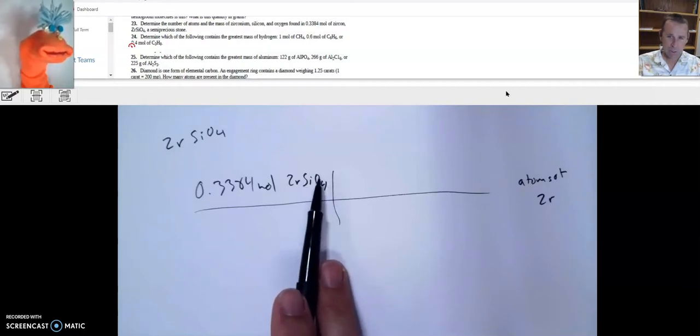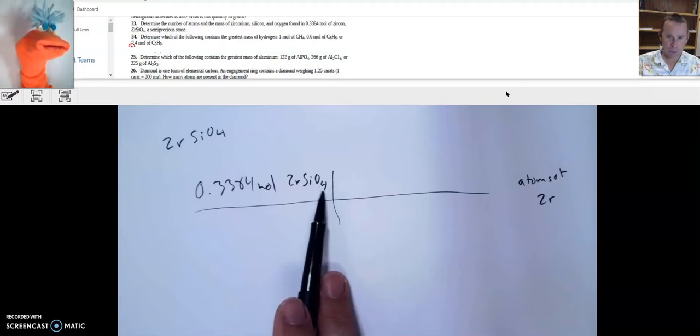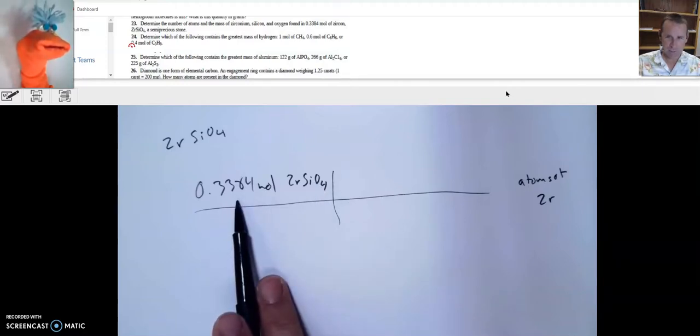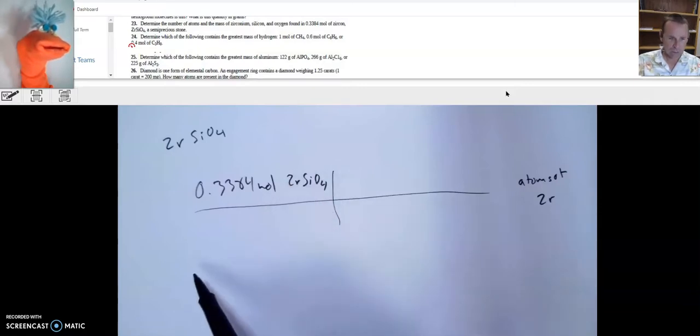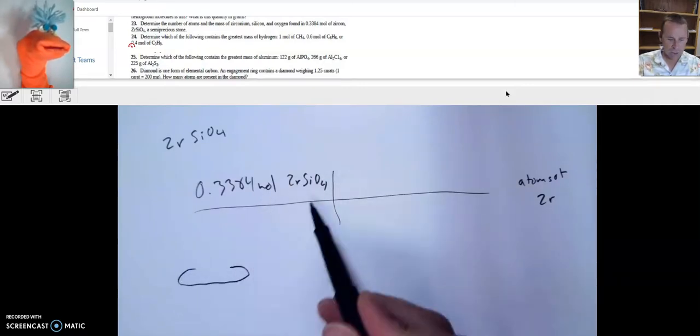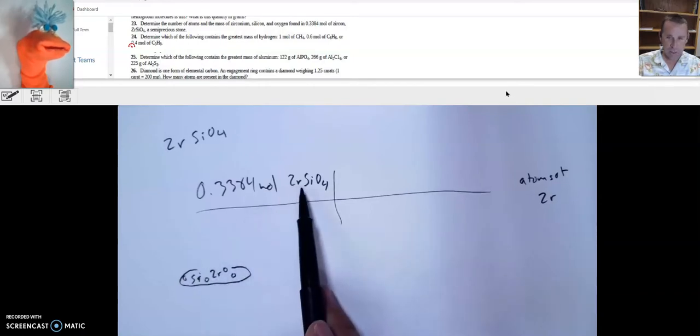How many moles of oxygen will I have? No, I'll have 4 times this. Can you see that? Because this is kind of like a cookie. This is one of my zirconium silicate oxygen cookies, and each one of these cookies has a silicon, a zirconium, and 1, 2, 3, 4 oxygens. That's what this is.